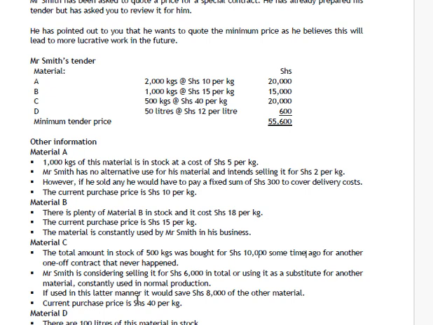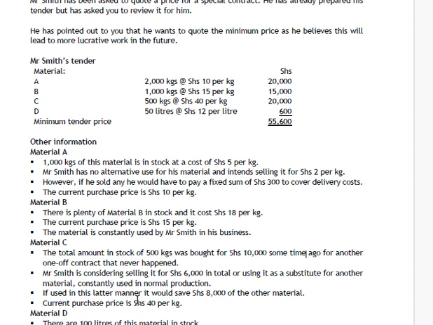There are two options, as we can see, if the materials are not used for the contract. Option 1 is selling it for how much? For 6,000. Option 2, using it as a substitute material, and it would save the company how much? 8,000. We say that in such a situation we take the higher, and the higher in this case is option 2.